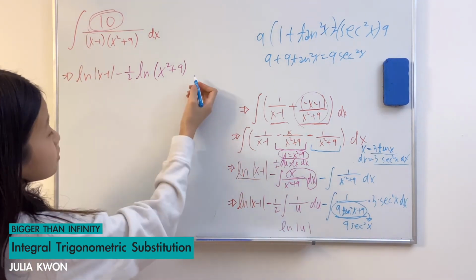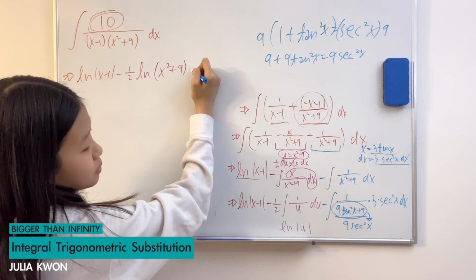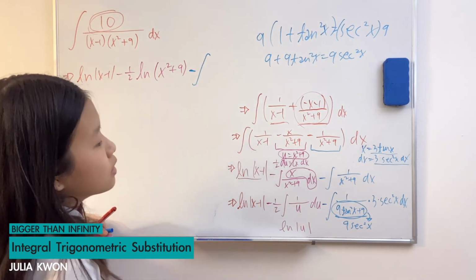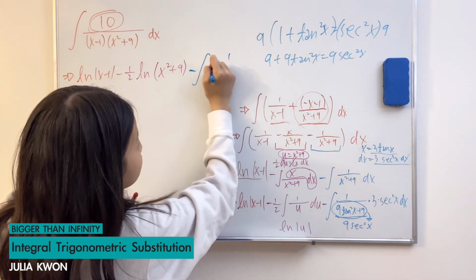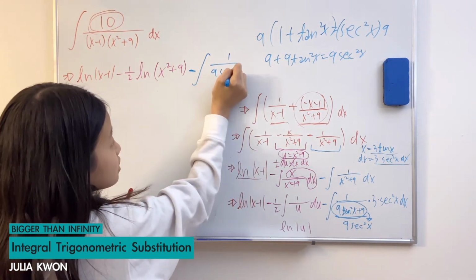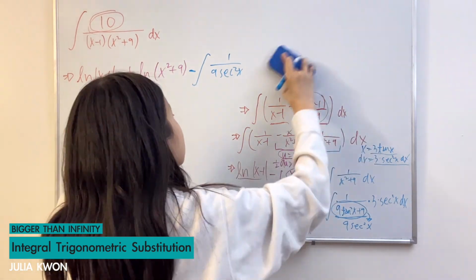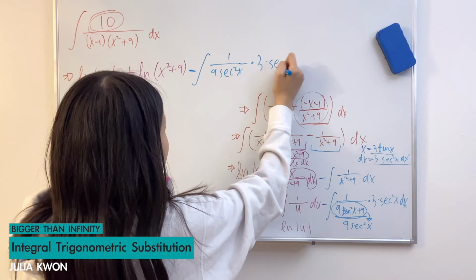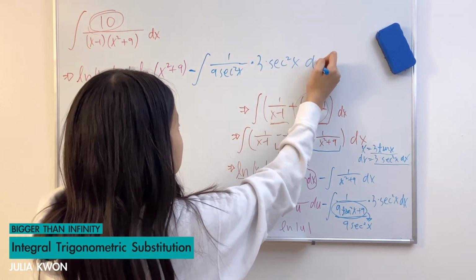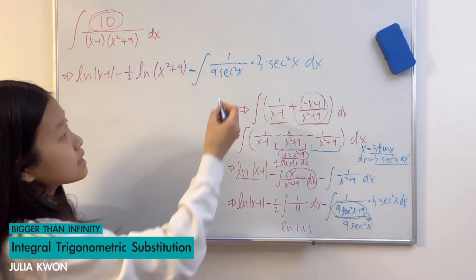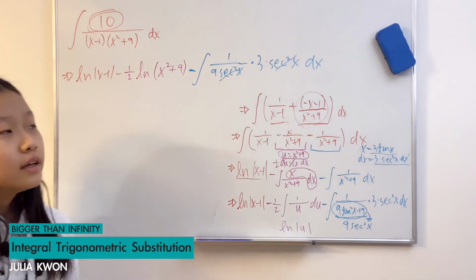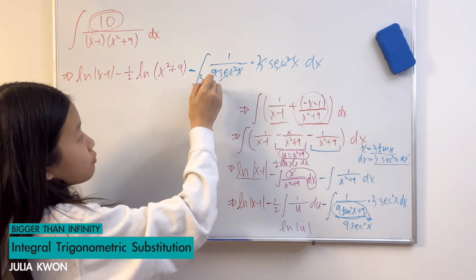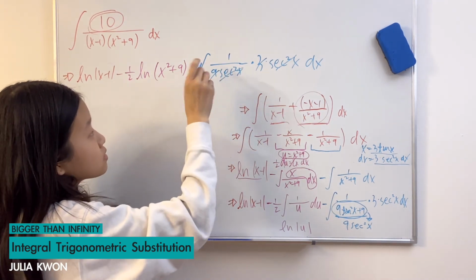I'll rewrite that up here: minus the integral of 1 over 9 times secant squared x, times 3 times secant squared x dx. We can cancel the secant squares out, right? And we have 3 over 9, so we'll just have 1 over 3 left.